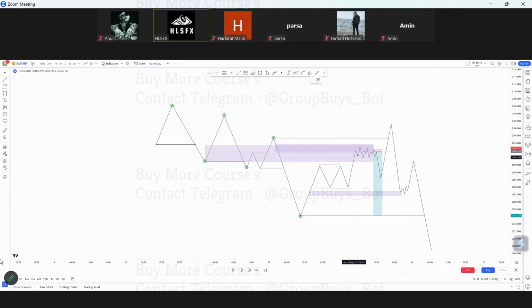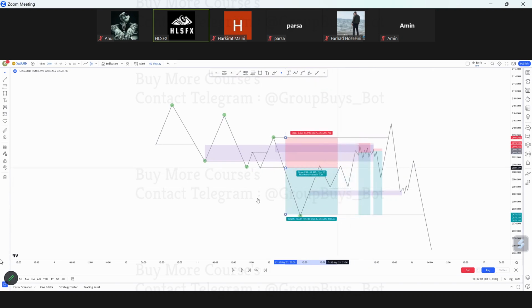On the other hand, we have the SNR traders. And then we have the breakout traders. Breakout traders enter at the break of structure here, put their stop loss at the swing point like this, and target this 1:1.